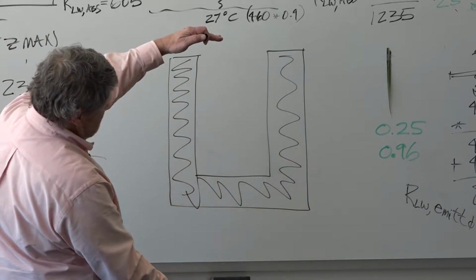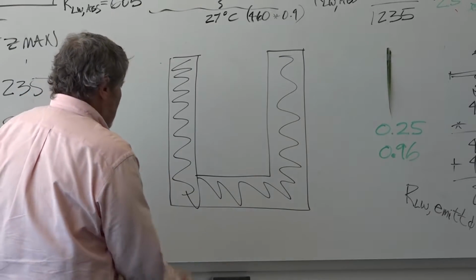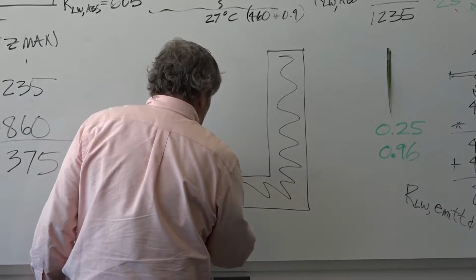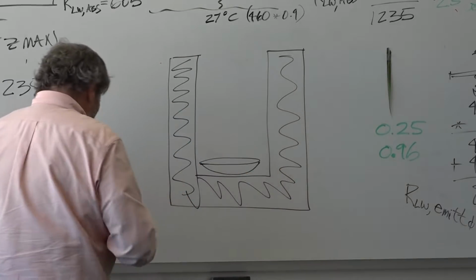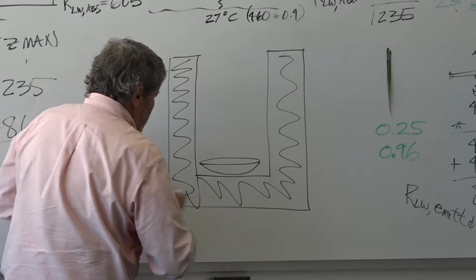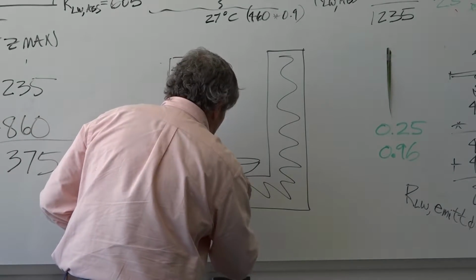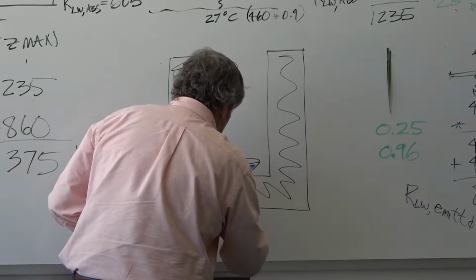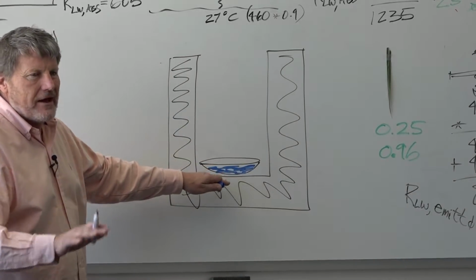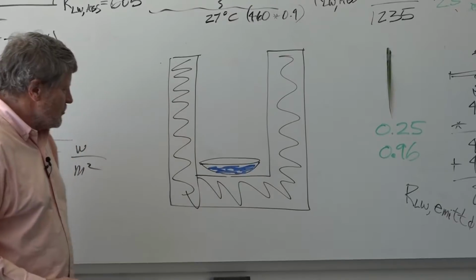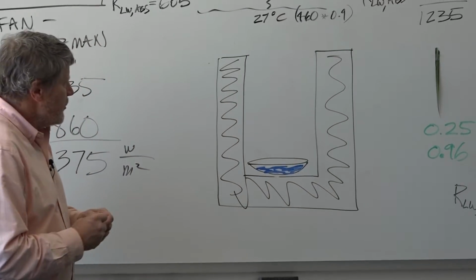And a couple feet tall. And in the bottom of this, we're going to put a bowl with water in it. Thin layer of water. And by the way, the surface of the bowl's painted flat black, water in it.